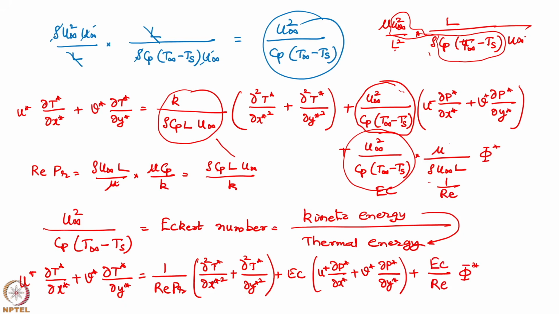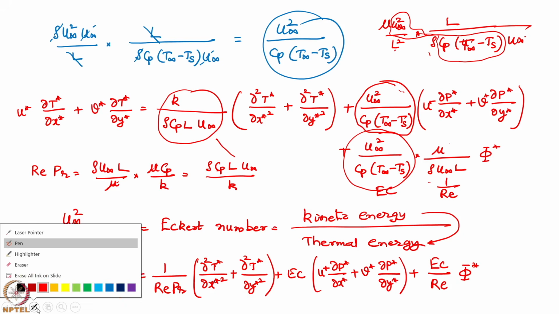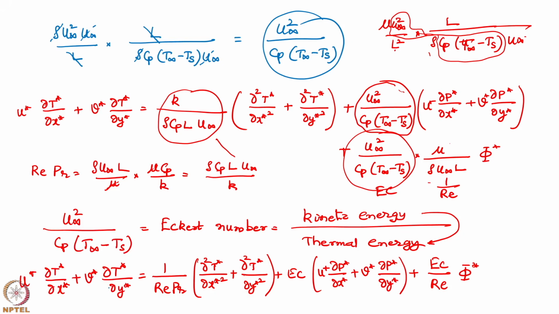So, from the energy equation, the non-dimensional numbers which are emerging are Re, Pr, and Eckert number.